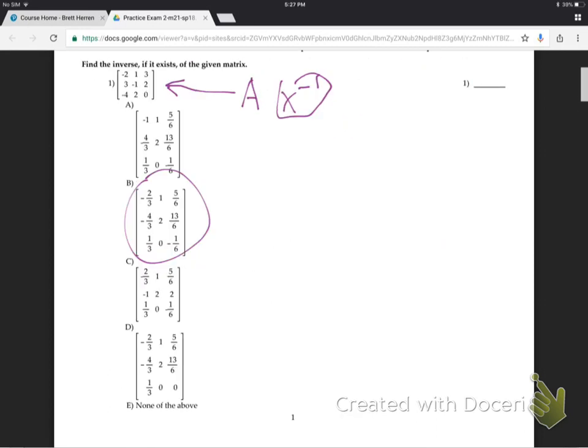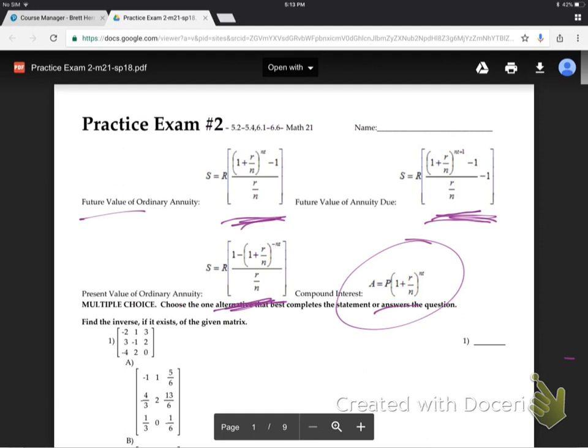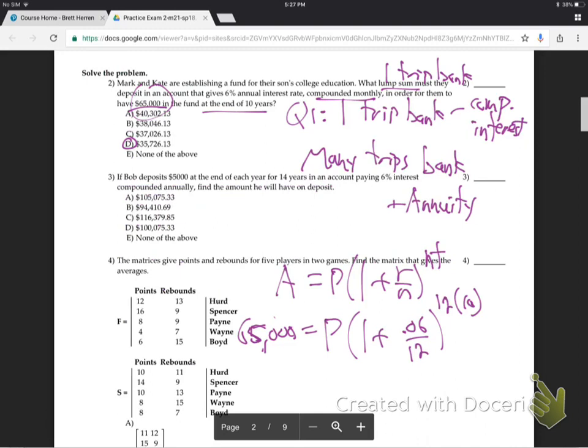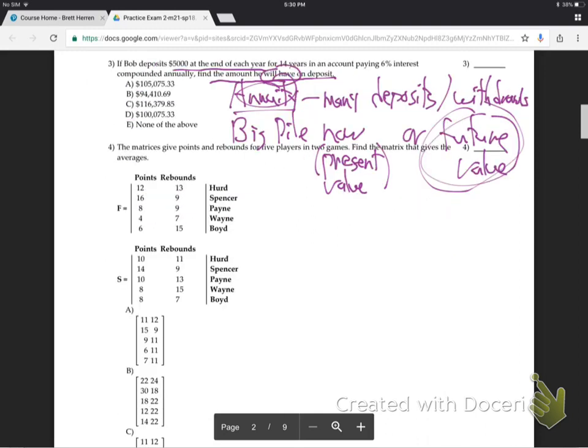Let's go back. So future value. We have two kinds: ordinary and annuity due. Two kinds of future value. The other one's present value. That's not ours. That'll be some other problems. Okay, so which one is it? Well, we know it's a future value annuity.